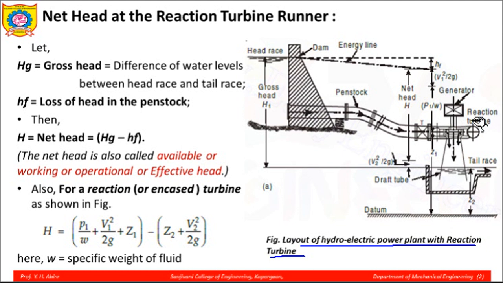This is our reaction turbine installed at a lower elevation, and this is the dam constructed to form a reservoir of water. So this is the level of water that is known as headrace, and this level of water is extended like this by means of this dashed line.